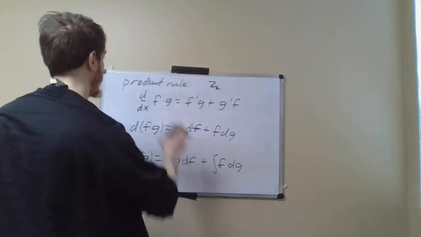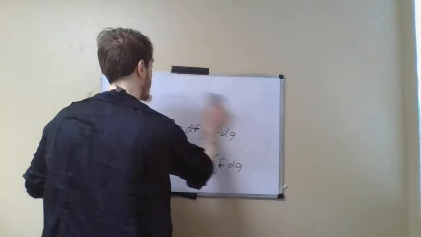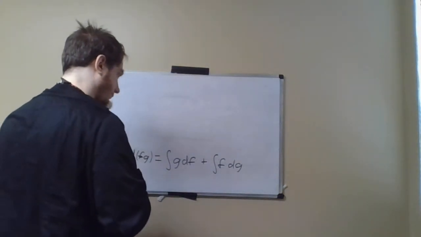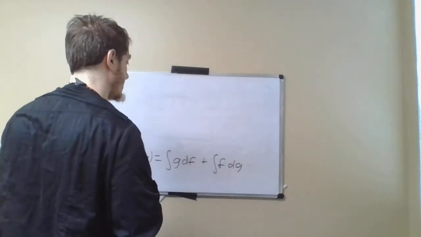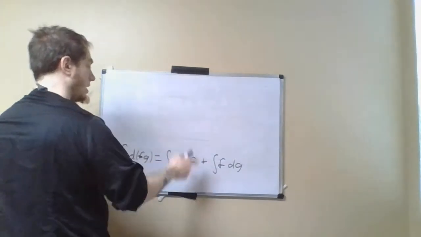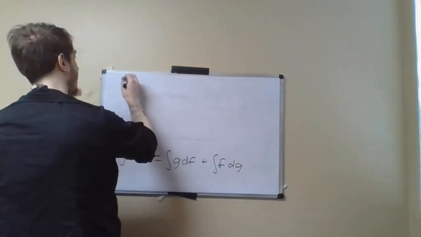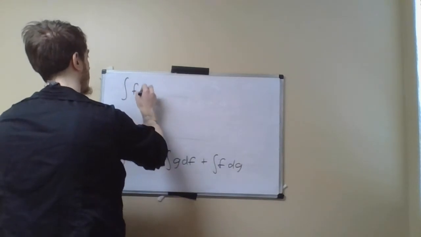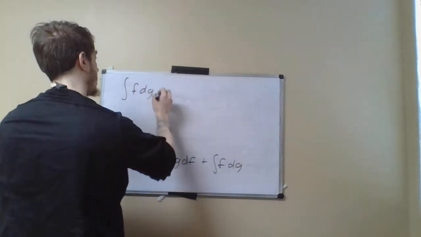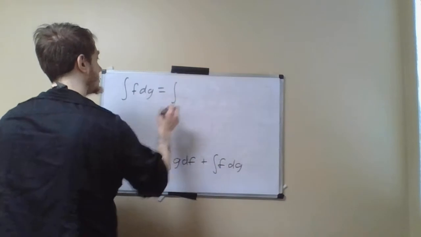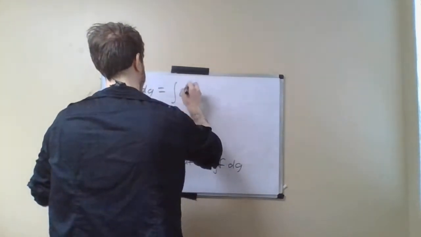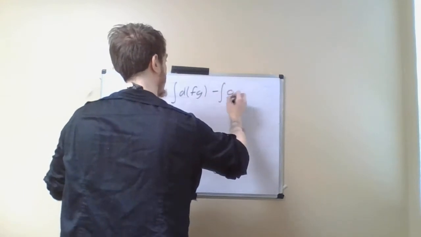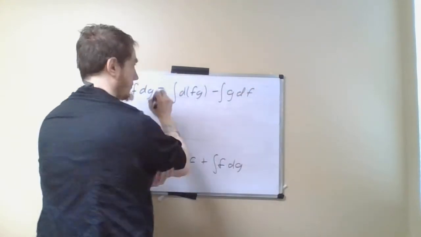And usually we end up rewriting this in a slightly different way. We move this over to the other side and we say the integral of f times the differential of g is equal to the integral of the differential of f times g minus the integral of g times the differential of f.